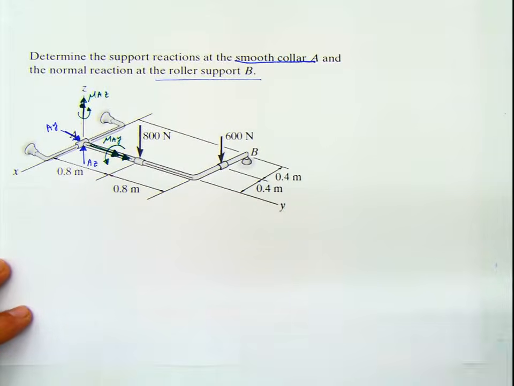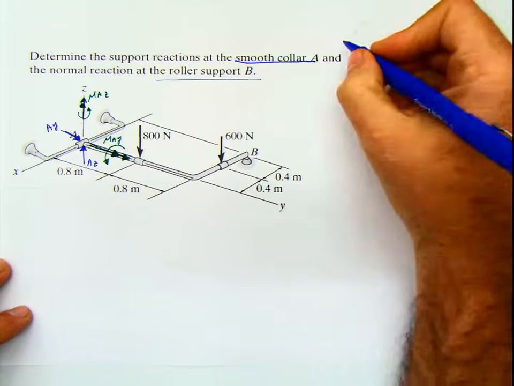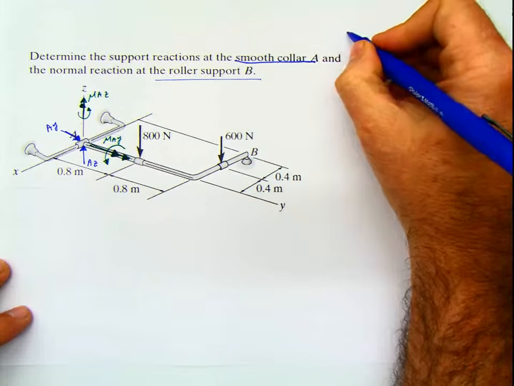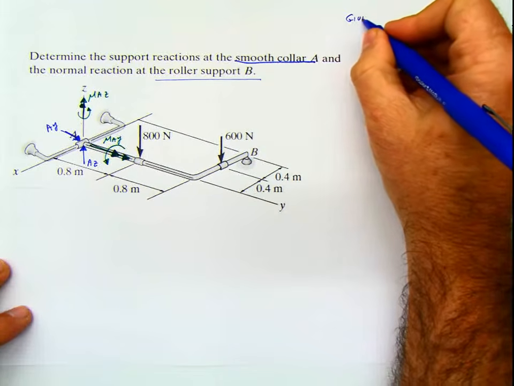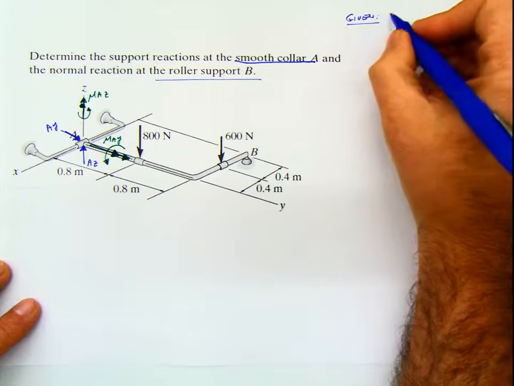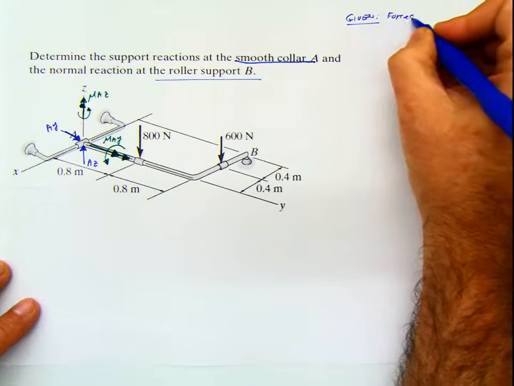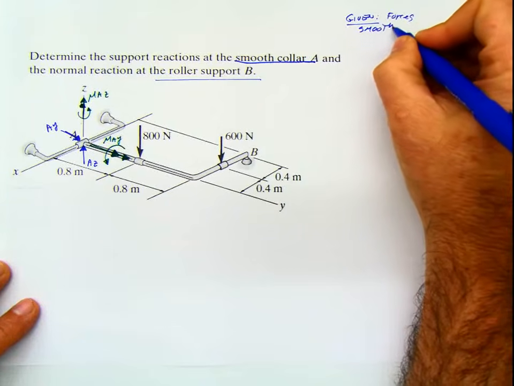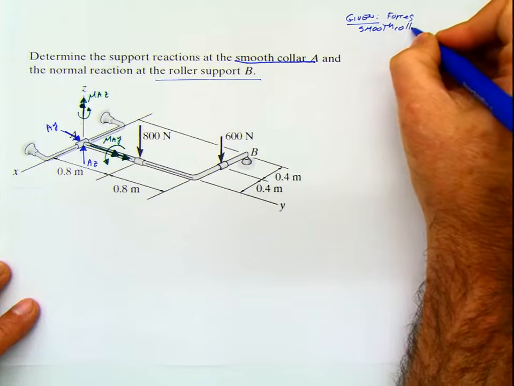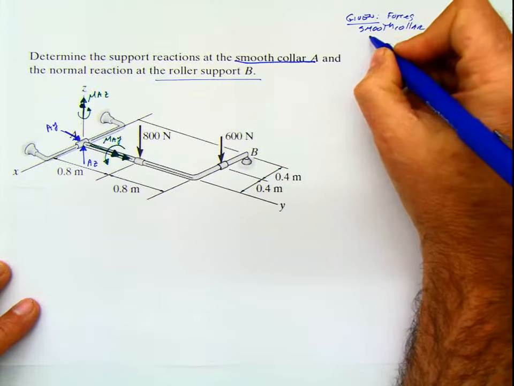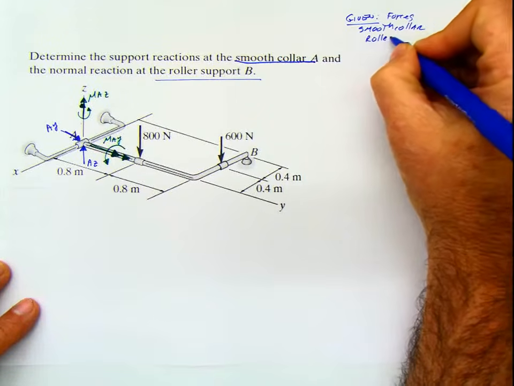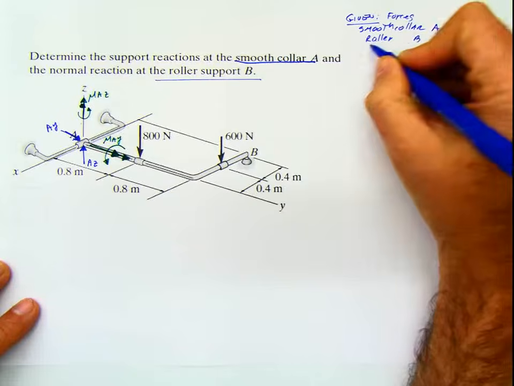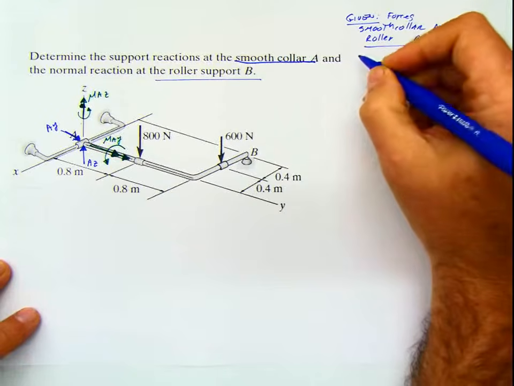What else do we know? So that's our given. We have the forces. We already know that it's a smooth collar, and also that it is a roller. So given.